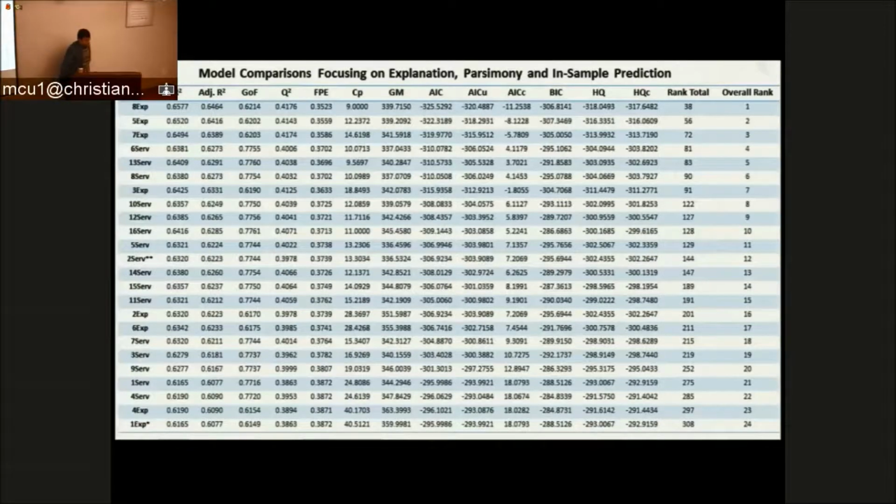Okay. Yes? So this model comparison, just for the structural models, does it also include the measurement models? That's a very good question. Is this comparison only for the structural part or the measurement part? So in PLS, you would establish the measurement model adequacy, and then the focus shifts entirely to the structural part.